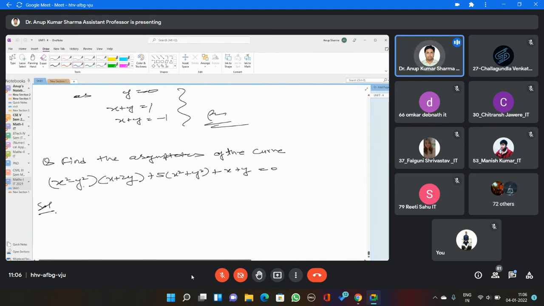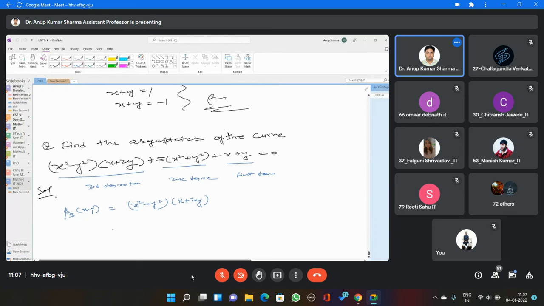When you multiply, in this combination you will always get 3rd-degree terms, then 2nd-degree terms and 1st-degree terms. The 3rd-degree part is represented by phi 3 of xy, which is x squared minus y squared and x plus 2y.